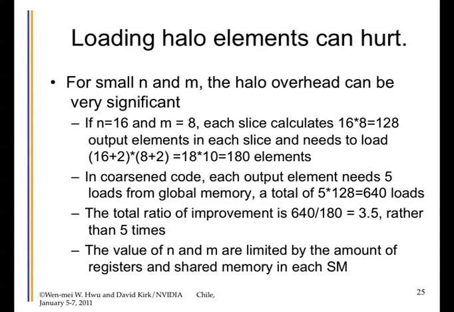That's 5 times. So you end up reducing the access by 3.5 times rather than 5 times. That's why halo cells can be very costly. It doesn't just add to the shared memory you need to use for them, it also adds to the number of loads you need, and that reduces the bandwidth reduction that you can achieve with your tiling algorithm.